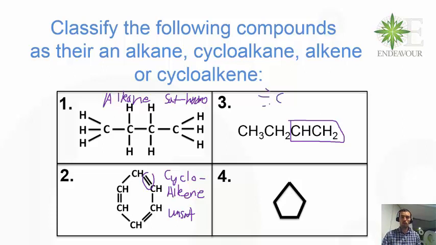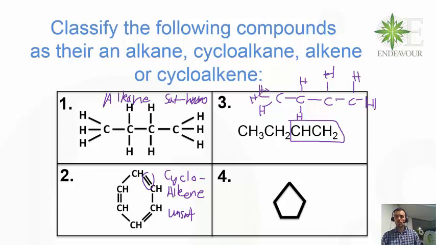So the first one from the left hand side is a CH3, and then the next one is a CH2. So all single carbon-carbon bonds so far. And then we have a CH. And the last one is going to be a CH2. Okay, so let's focus on these last two carbons here and check whether they have enough bonds.